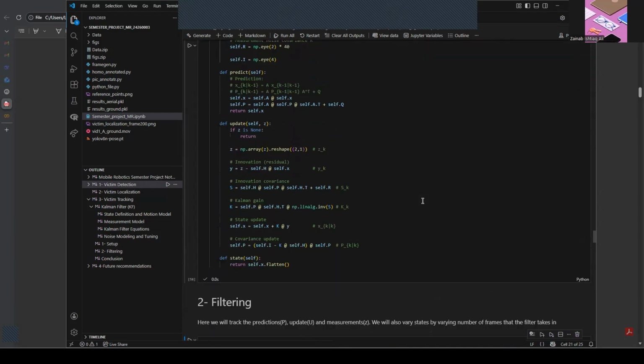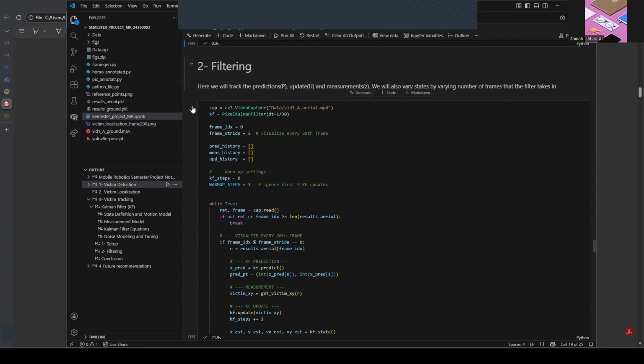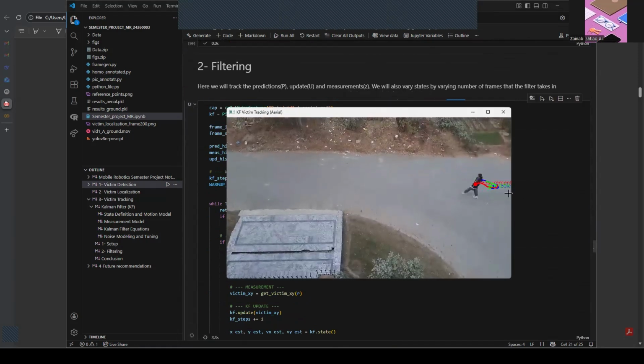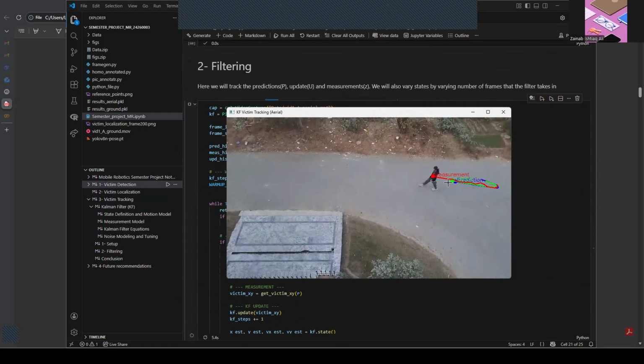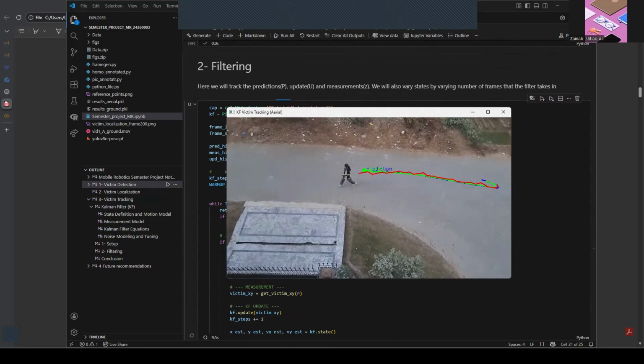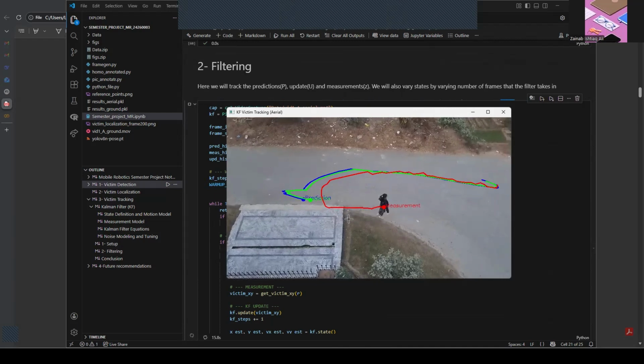So let me maybe reduce that to 20 and look at the results then. Okay, they get aligned, and then your measurement is being followed much more closely now than it was before. And there you go, it deviates again.